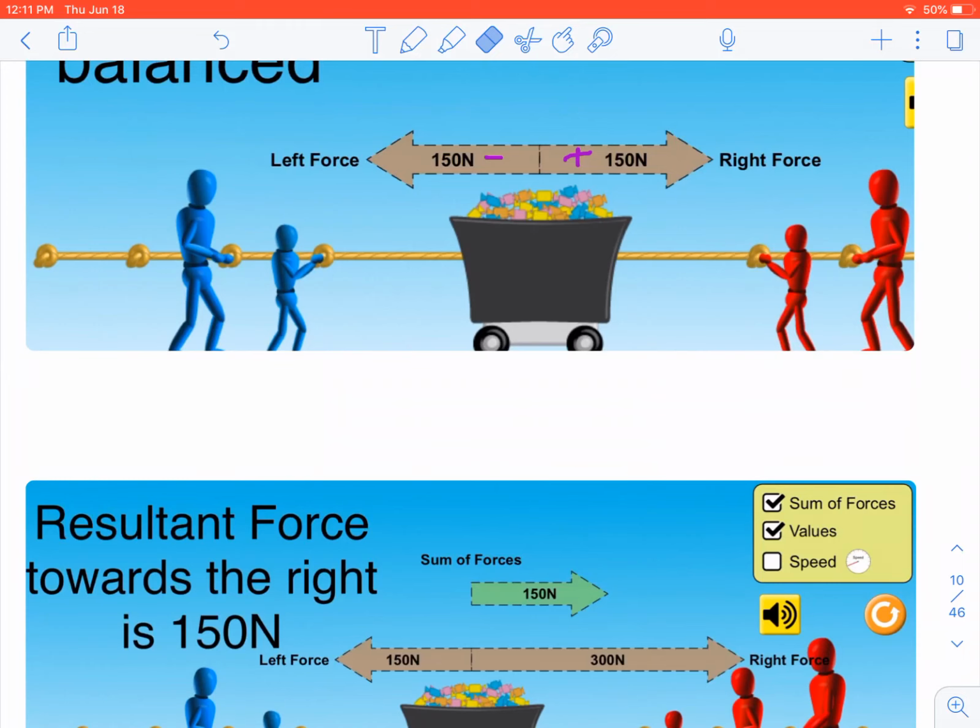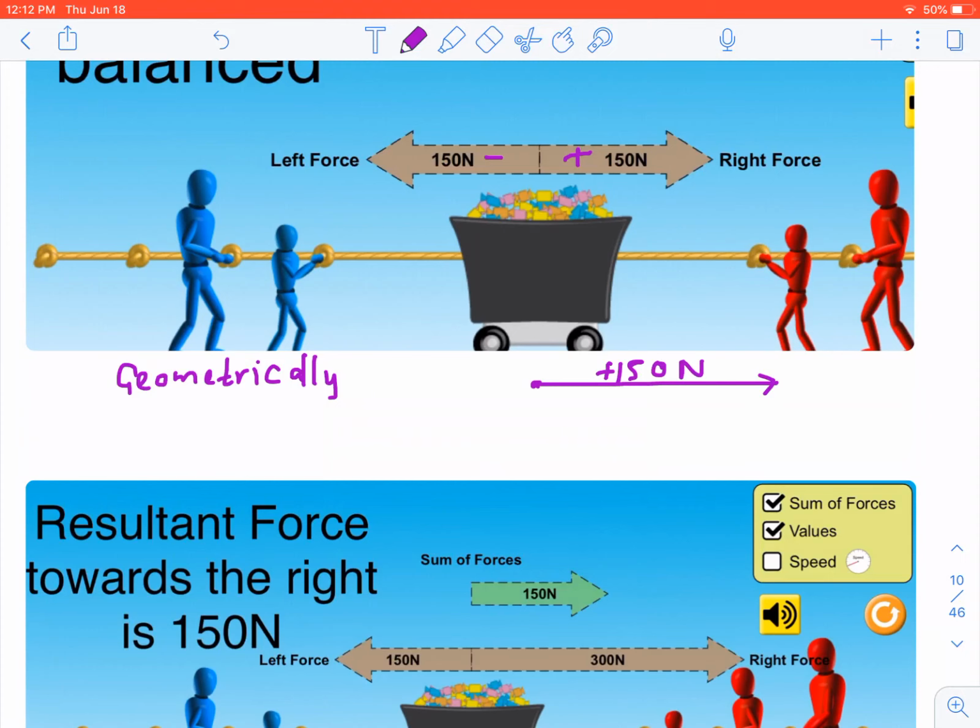So geometrically, let's show it geometrically, okay? We have our vector moving in that direction, and that is plus 150 newtons to the right.